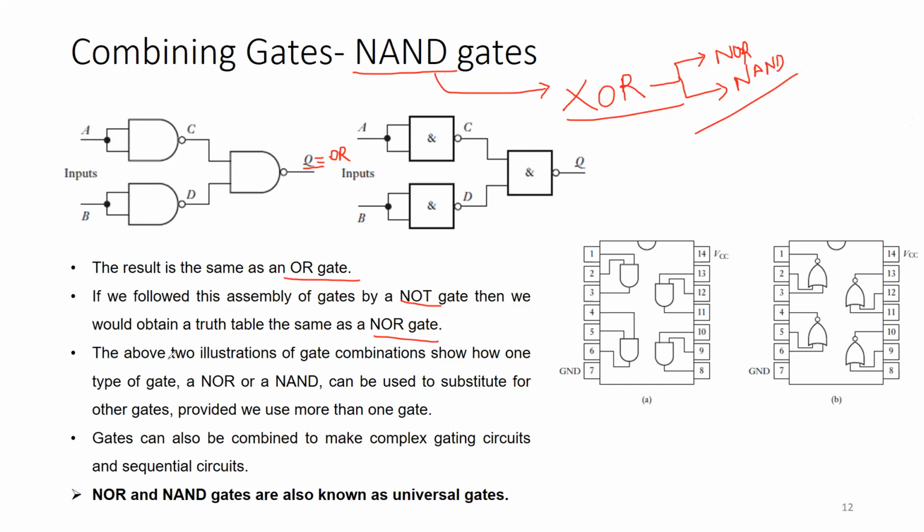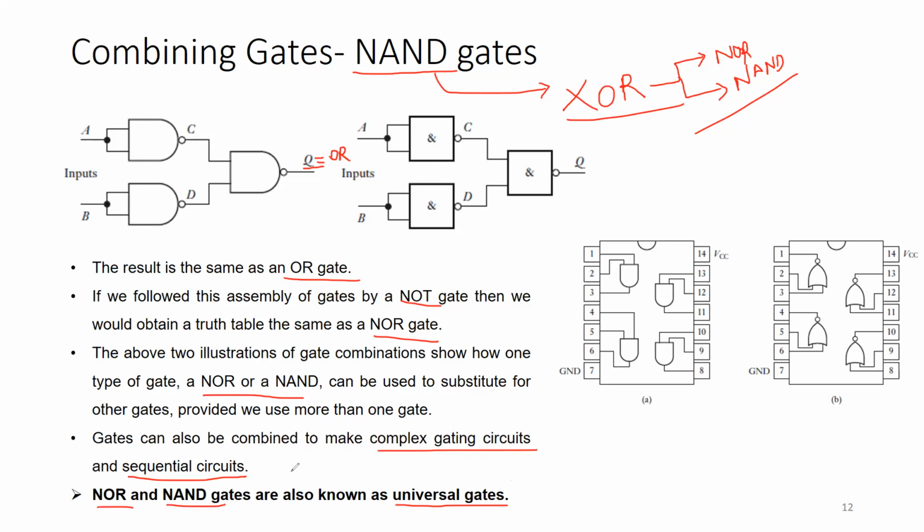So if you see the above illustrations of gate combinations, they show that a NOR or a NAND can substitute the other gates while combining in one or the other form. So these gates can be considered universal gates. The NOR gate and the NAND gate can be called universal gates. Gates can be combined in various complex circuits and sequential circuits.